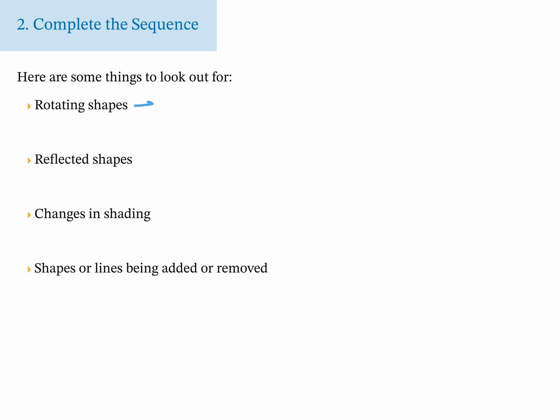First thing is, as we go across the sequence, we might see shapes rotating. For example, if we have, let's say, a hexagon in our first box, and then in the second box, we see that it's been rotated, such that we now have a pointy edge at the top rather than one here and one here. It's the same shape, it's just been rotated.